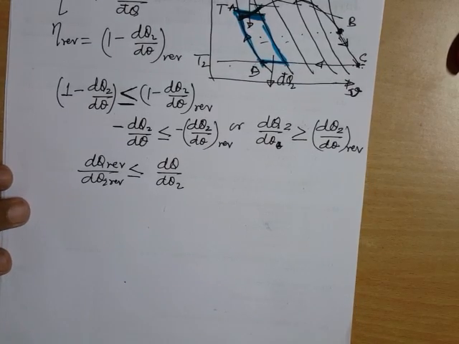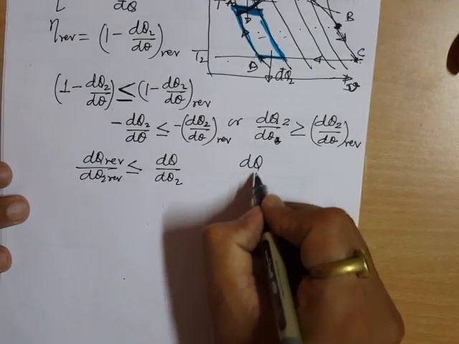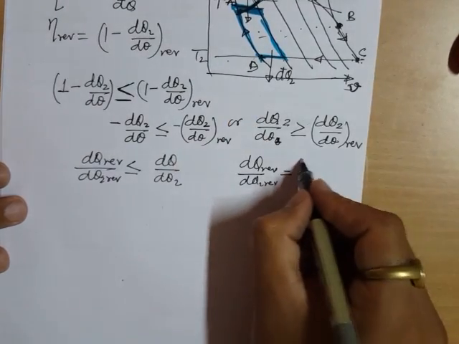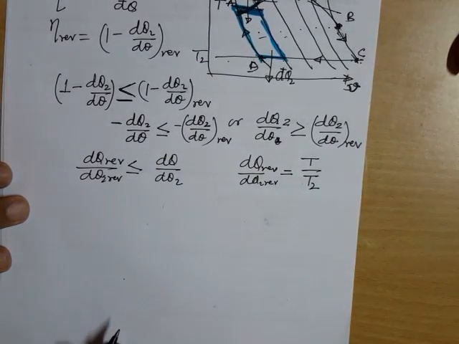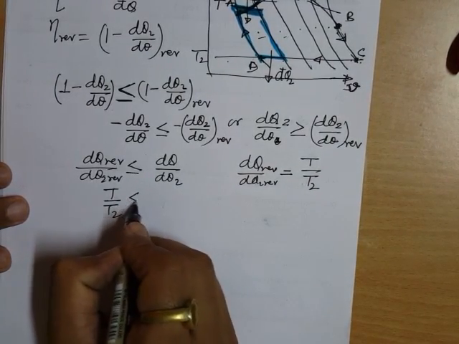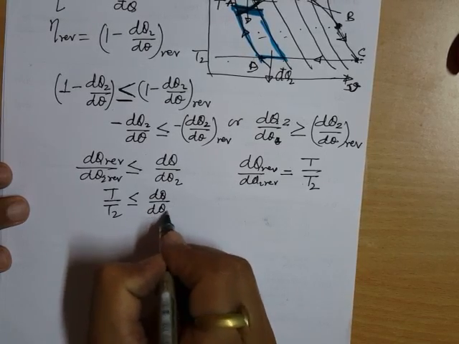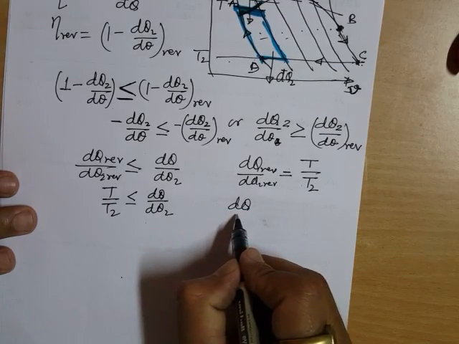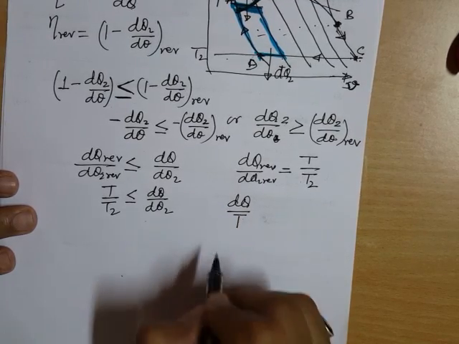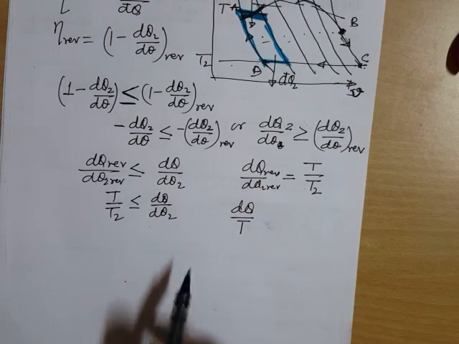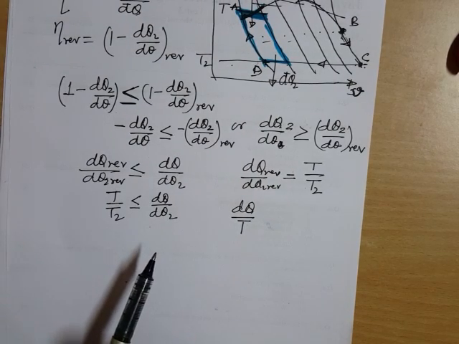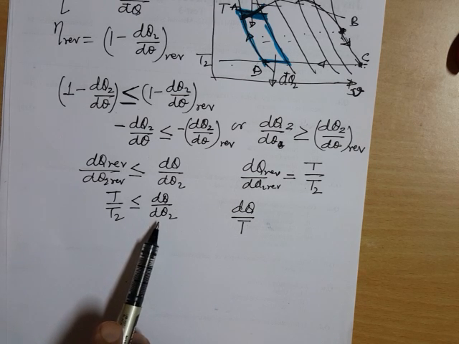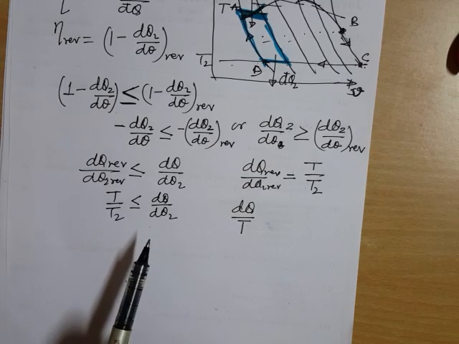Now we know that for a reversible cycle, dq reversible by dq2 reversible is nothing but T by T2. So T by T2 will be less than or equal to dq by dq2.